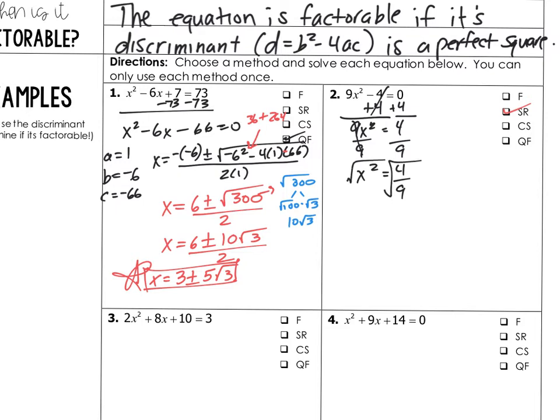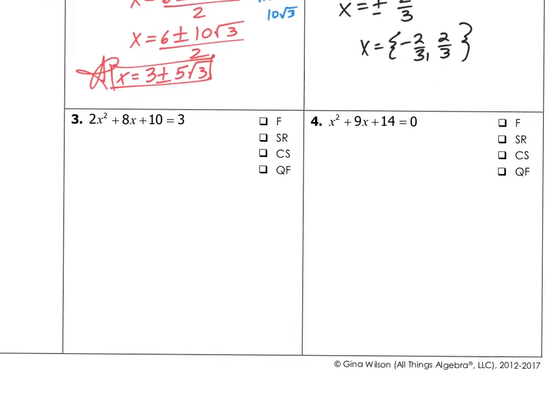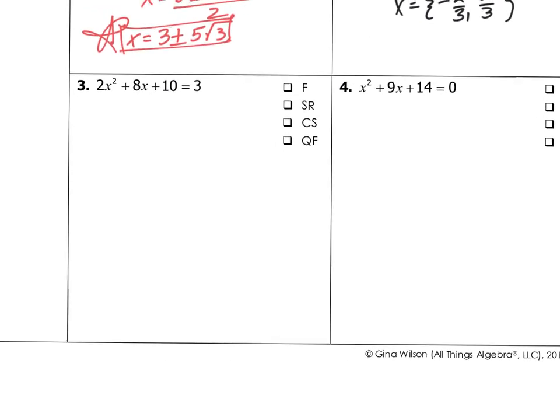Take the square root of each side. X equals plus or minus 2/3, because the square root of 4 is 2 and the square root of 9 is 3. And so we'll write this as a solution set that is negative 2/3, positive 2/3.